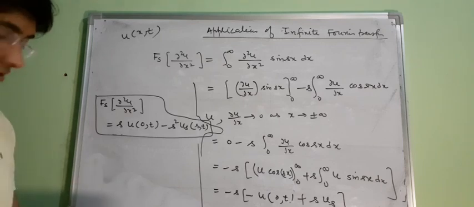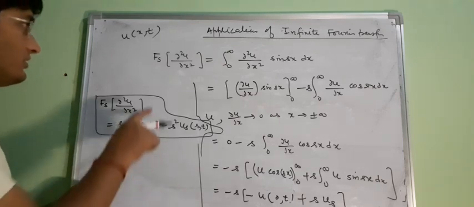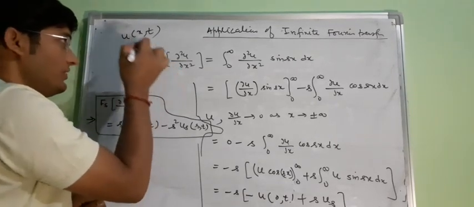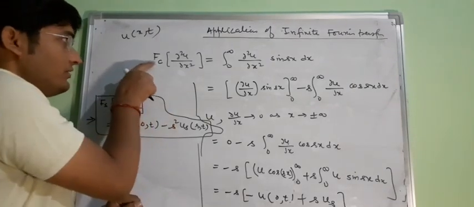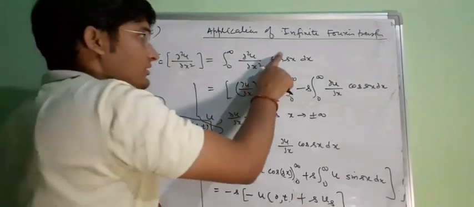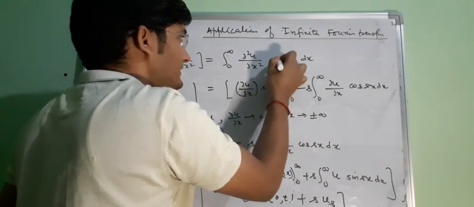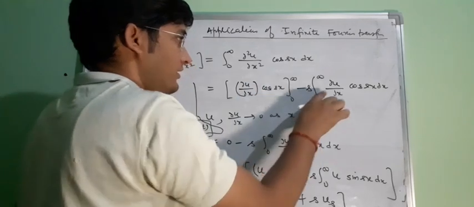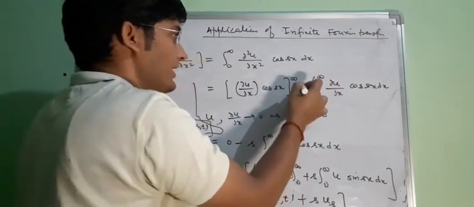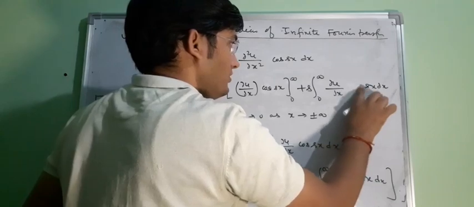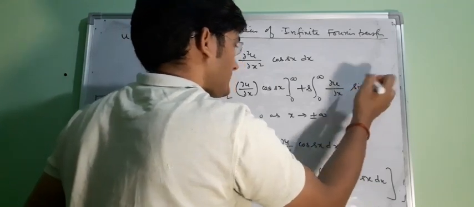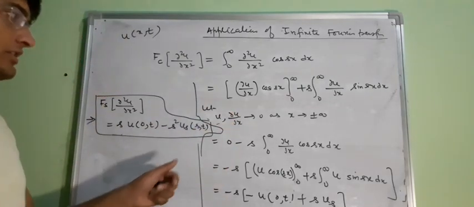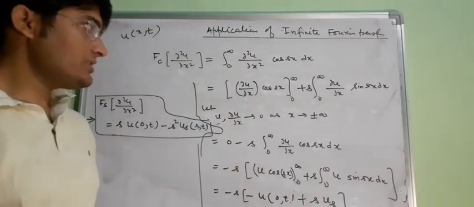Now let us find out the Fourier cosine transformation. Please note this formula. If we have to find the cosine transformation, then we will get cos sx. Now the integration, this will be cos sx, and the differentiation of cos will be minus, so this is plus, again we will get sin sx. Again assume that u and ∂u/∂x tend to 0 as x tends to plus minus infinity.